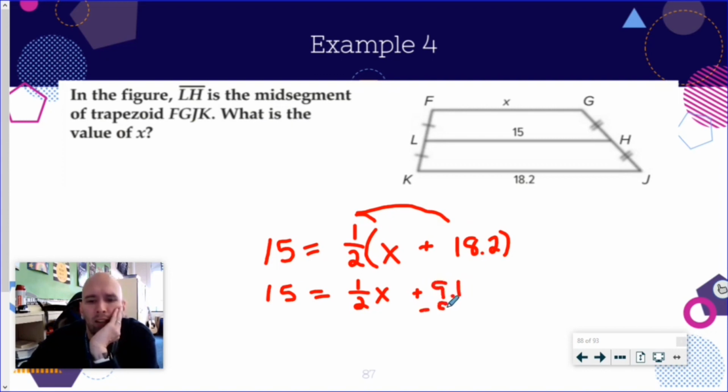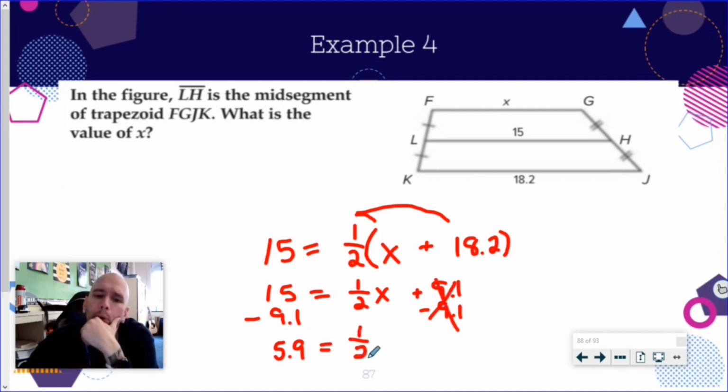Now I subtract 9.1 from both sides. That gets me 5.9. 5.9 equals half of an x. Multiply both sides by the reciprocal of a half, which is 2.